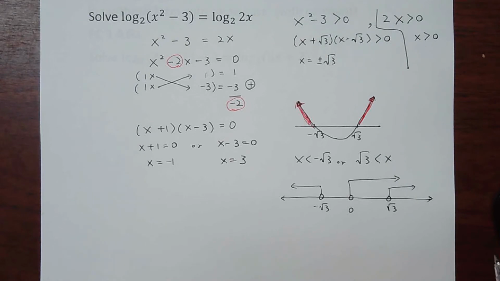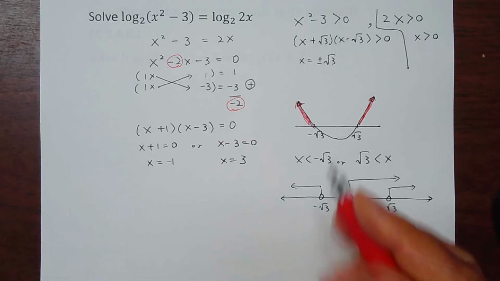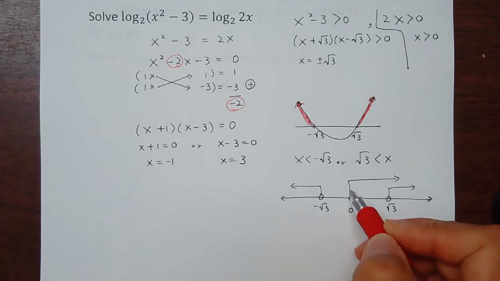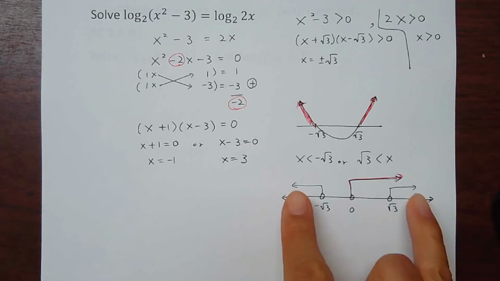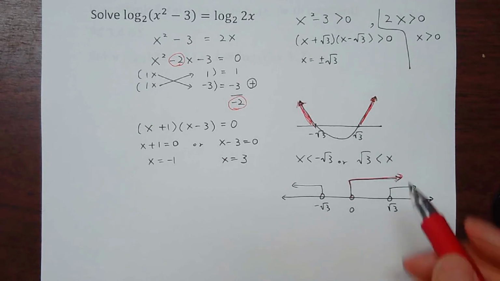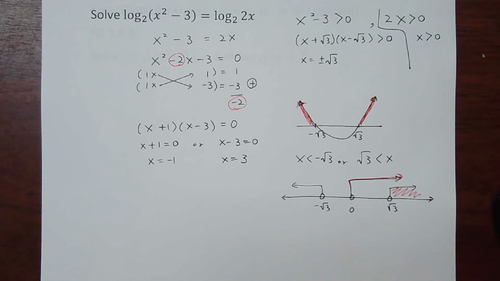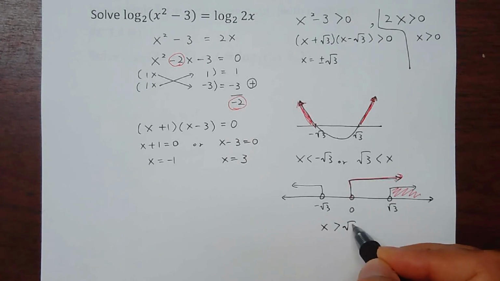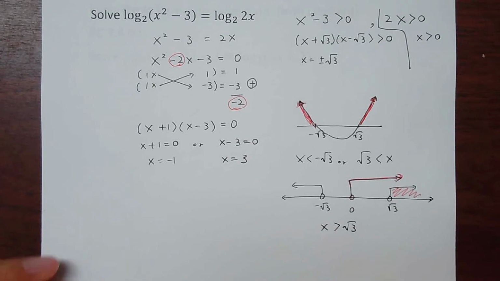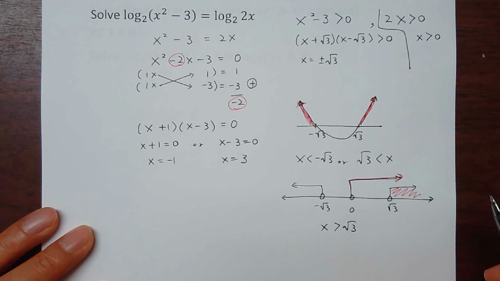The only way it satisfies this and this at the same time is this. So x has to be greater than square root of 3. That's the constraint of the domain.